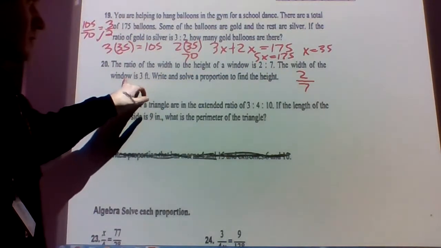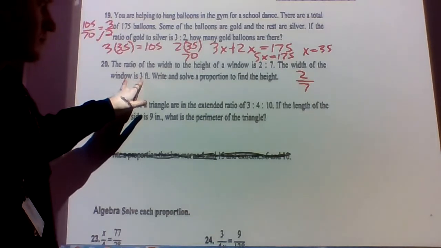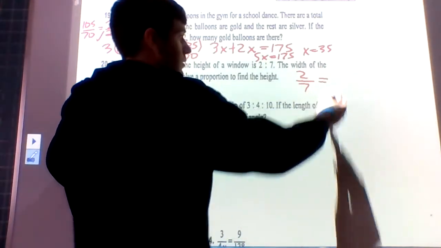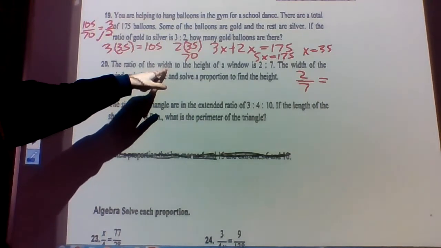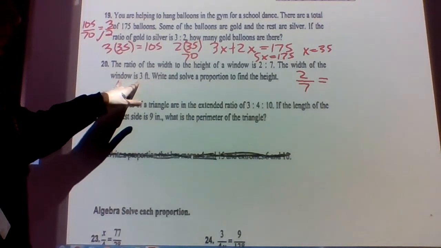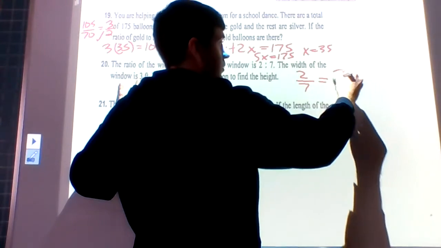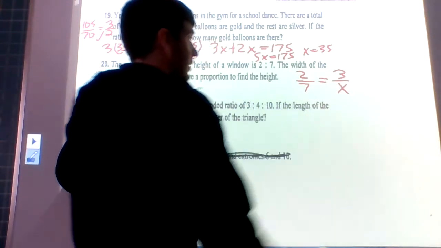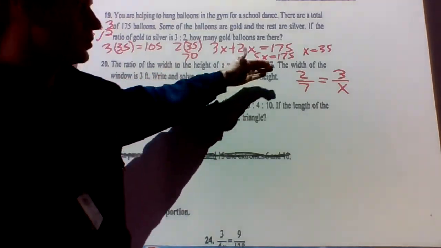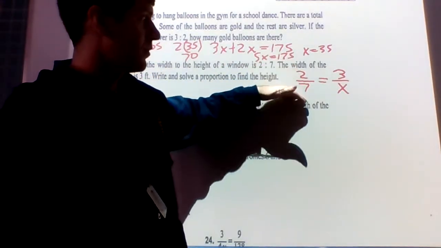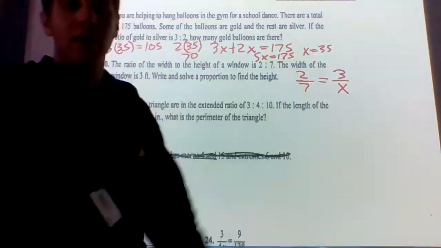They give us the width of the window is 3 feet. So the 3 is going to correspond with the ratio for width. So that's going to be the 2. So we're going to put the 3 in the numerator here. And then we want to find the height. The ratio of width to height is 2 to 7. So 2 is to 7 as 3 is to what?